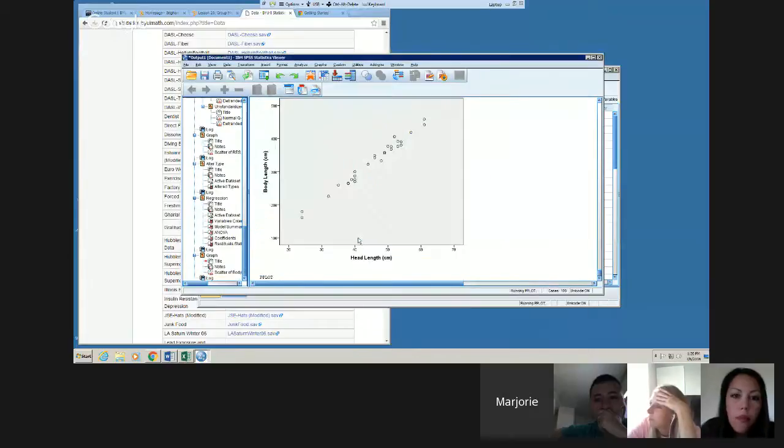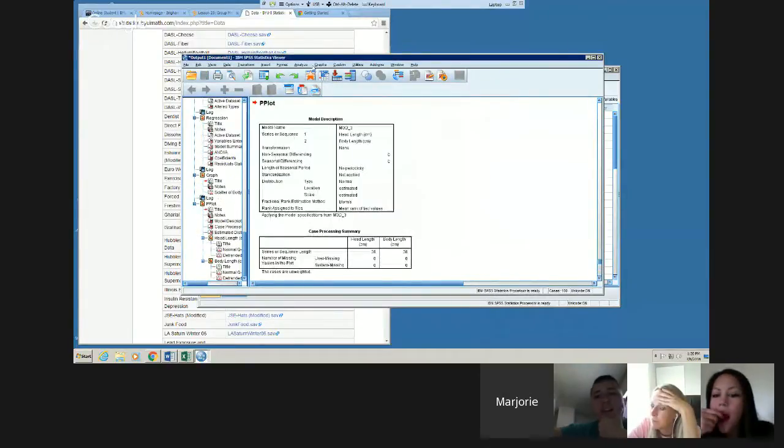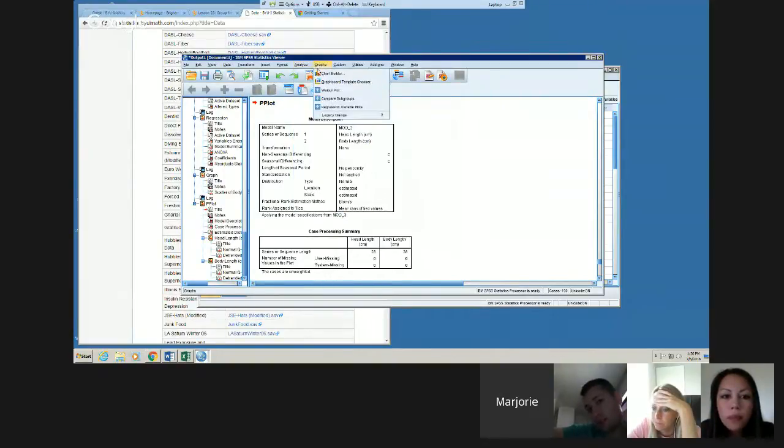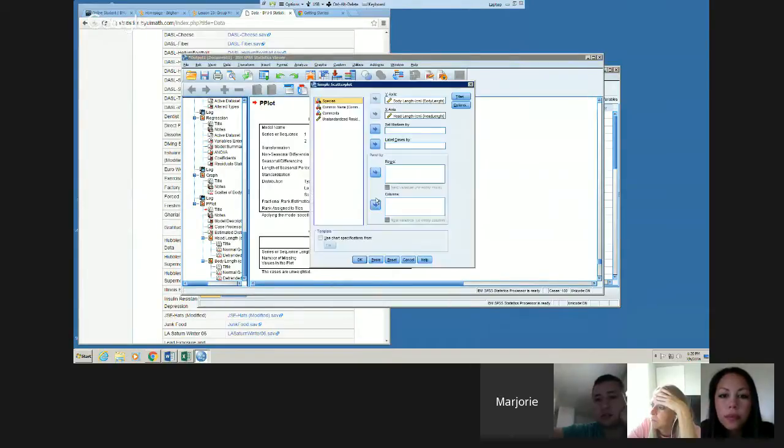We can go back and look at it. Yeah, you're right. Unstandardized would go for the Y. So I need to swap that for this one, I think. Okay. So you think the head length needs to go for the Y?